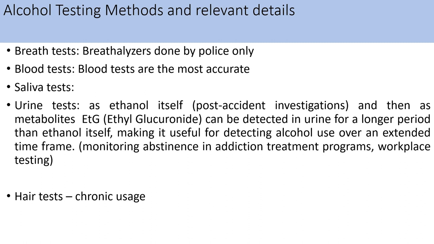But if some time has elapsed, you can test for metabolites such as ETG, and it will also be very helpful to monitor abstinence in addiction treatment programs or workplace testing. As you can understand, obviously, hair tests are important in case of chronic usage only.